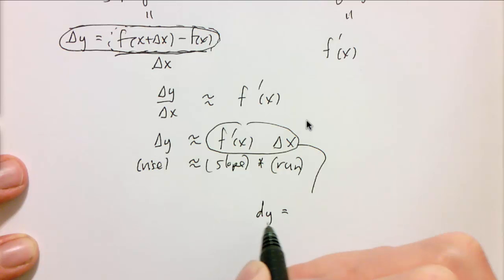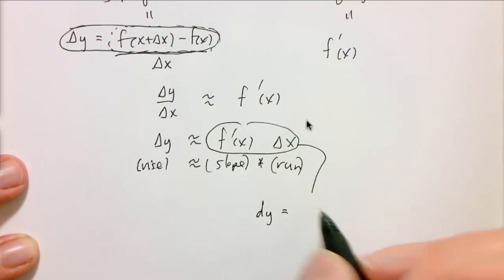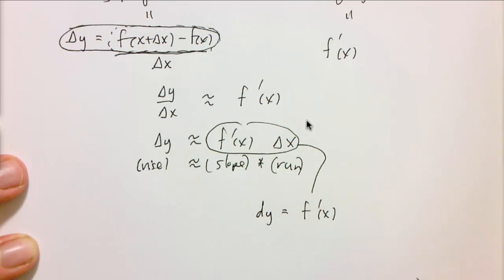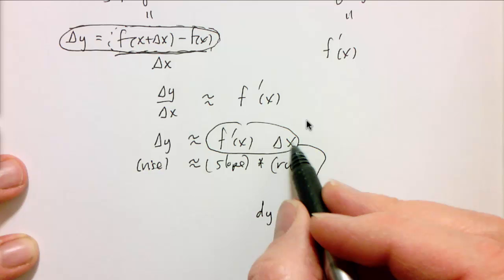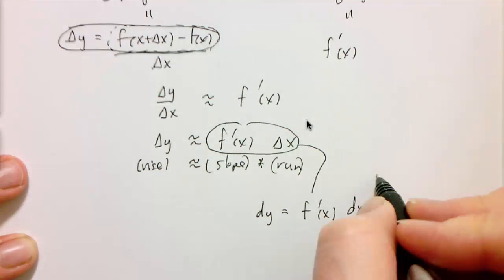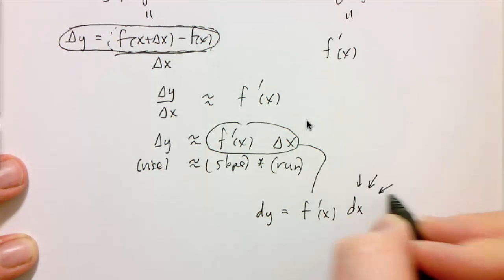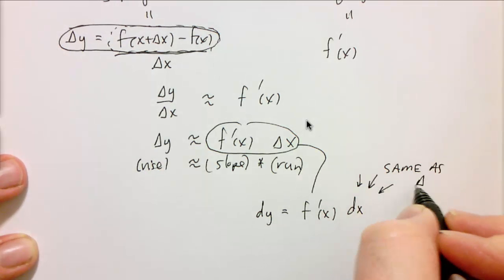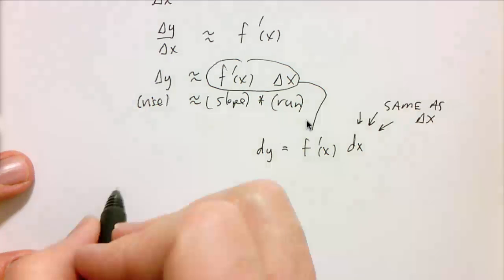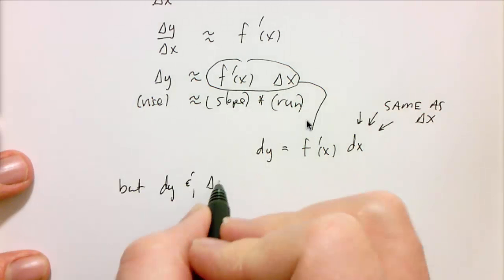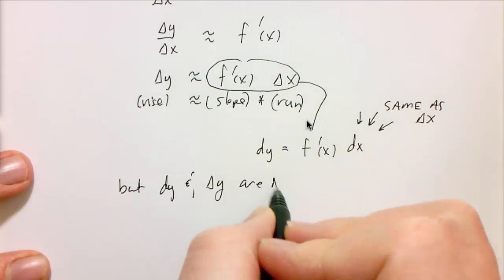It's just what we get by following the tangent line instead of following the actual curve. And to make things extra confusing, we take this delta x and we replace it by dx. So this guy right here is the same as delta x. But dy and delta y are not the same.